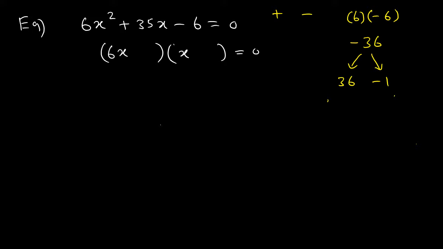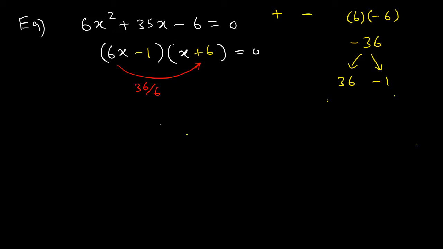That means this has to be plus 6. To get this number, we divide 36 by 6. And do the same thing: you divide negative 1 by 1, so the other number has to be negative 1. Those two are the factoring for this one. You can see this method is very quick.